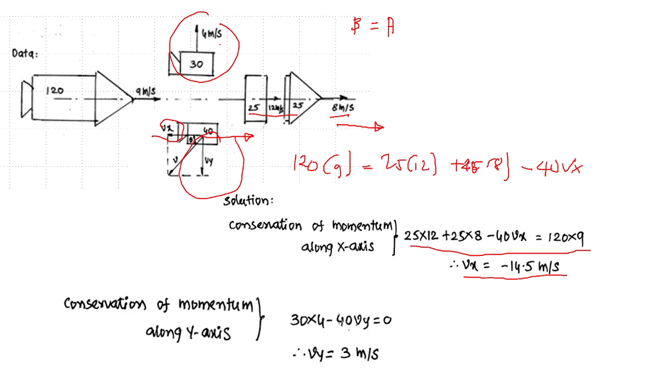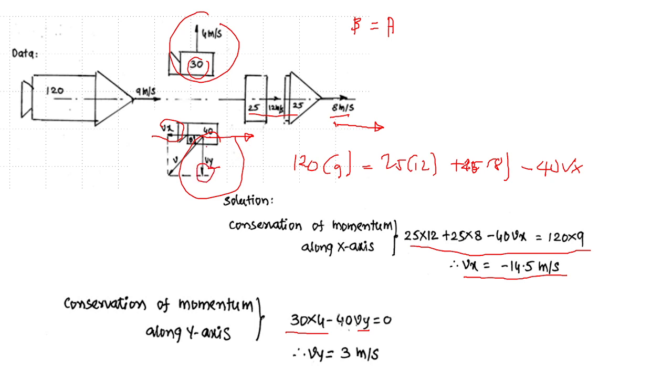Before the explosion there's no vertical component. After the explosion you have 30 times 4, and this is Vy going down, minus 40 times Vy. So we have Vy is 3 meters per second. In other words, our assumption is correct. This one is going down.